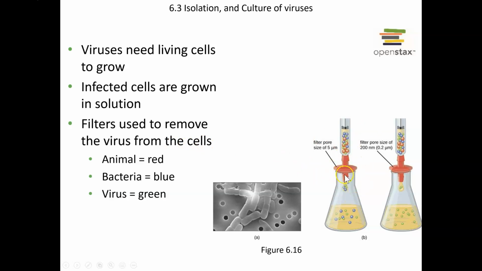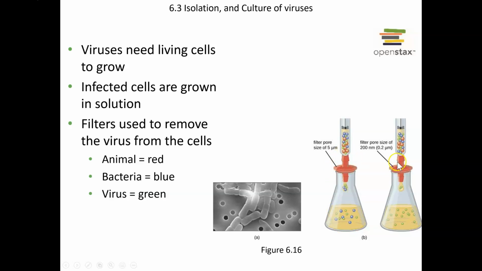This is a figure from my OpenStax textbook. And here you can see animal cells, you can see bacterial cells, and you can see viral particles. We're releasing the bacterial cells and the viral particles, but we're keeping the animal cells up here.